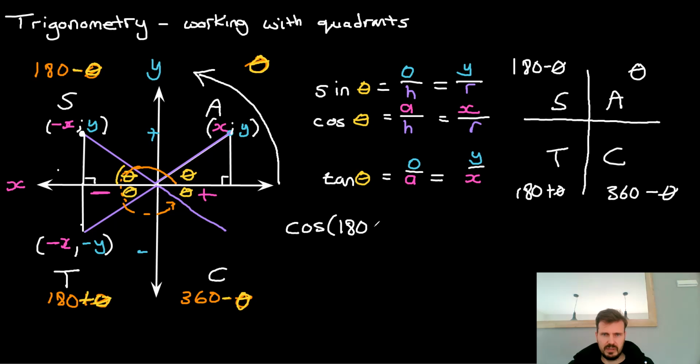They make you simplify something like cos 180 minus x, sine x, actually, let's make it cos 180, make it sine.